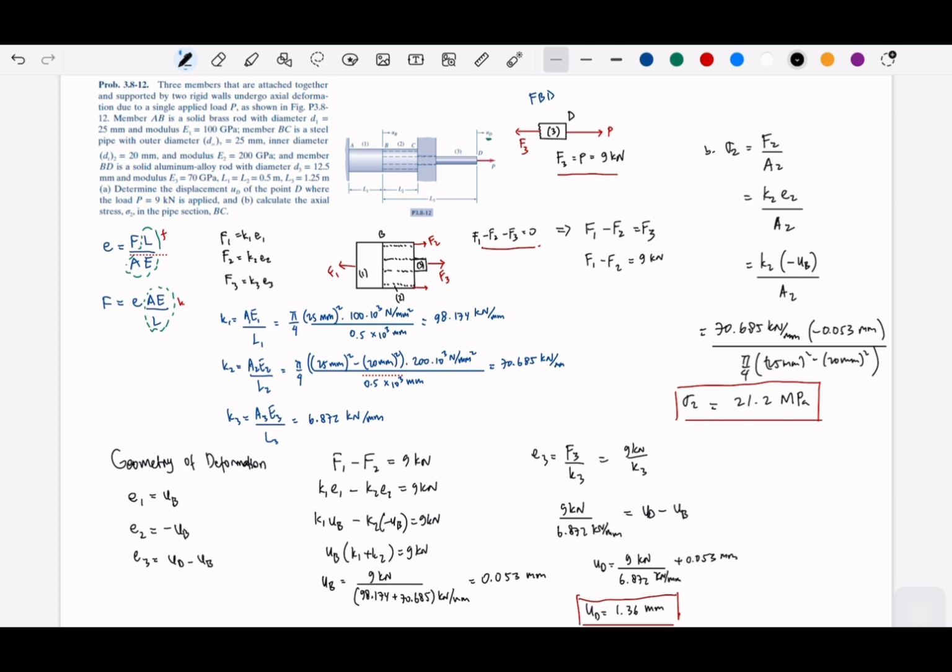For example, we have this, and we have the E that we can get from our formulations in terms of the geometry of the deformation. So we can have this, and then we can substitute our F into our equilibrium, and then we can get all the displacements, and after the displacements we can also compute the stress that we need.